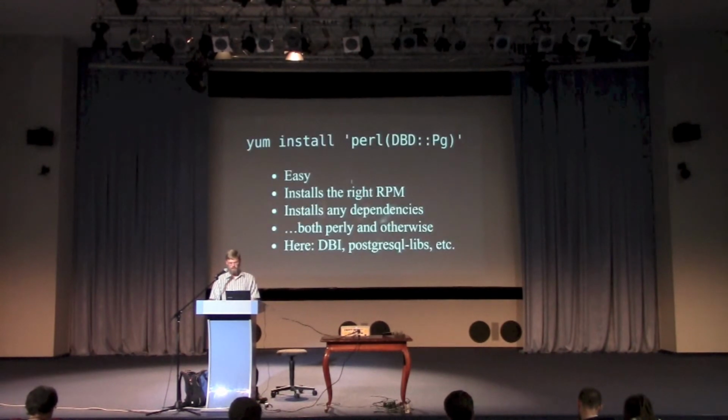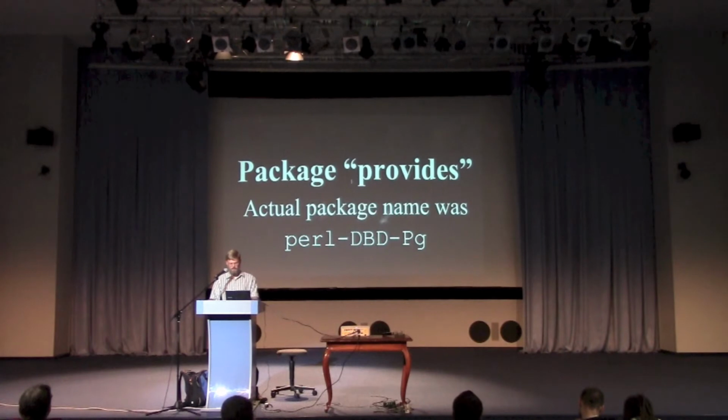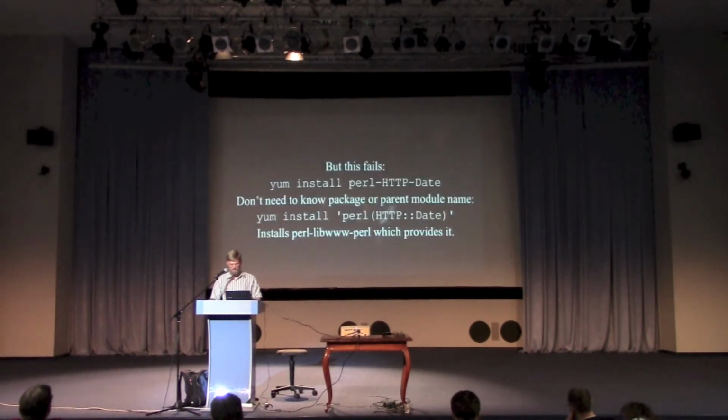One thing I ought to note, this name some people don't know about. They might be looking for Perl-dbd-pg. That's what the RPM is called. But take, for example, http::date, and there is no RPM called that because it's part of LWP.